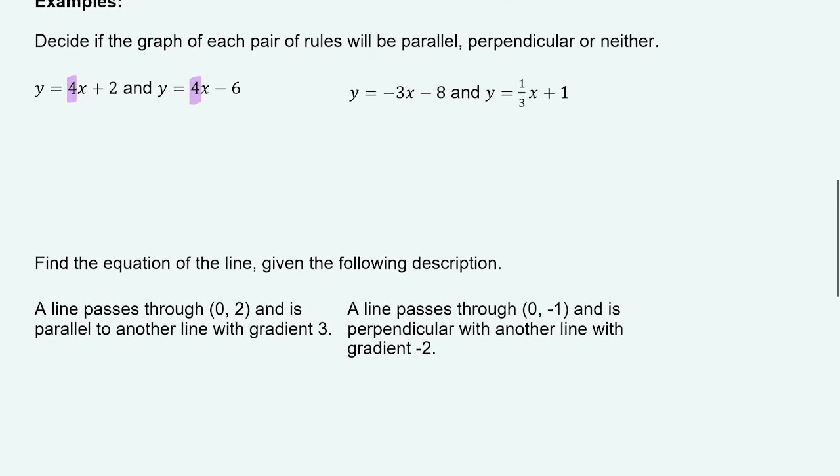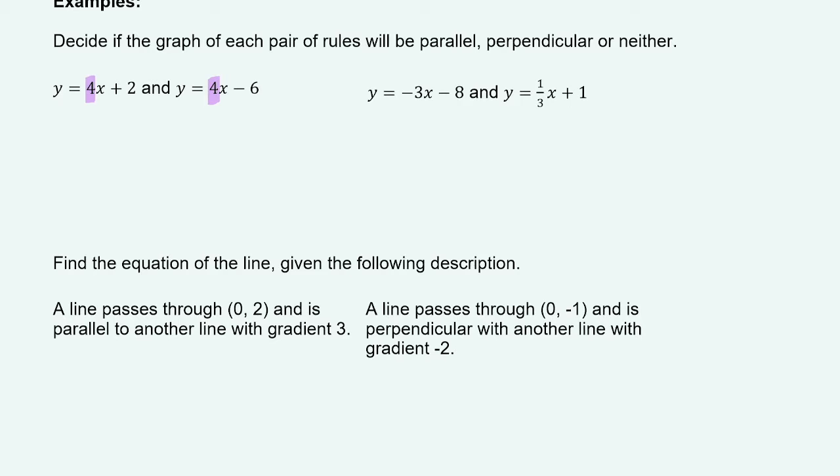So the gradients are equal. What that means is that we have parallel lines. They are, in fact, parallel.